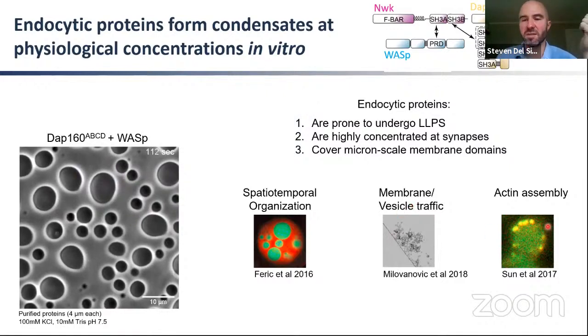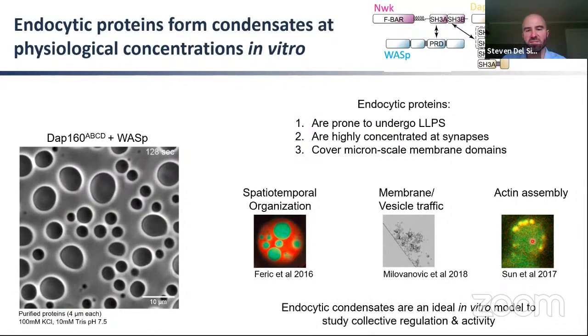And in particular, there's a number of studies now that have implicated this as a mechanism to control the extent and direction of actin assembly in a number of systems, including signaling clusters, but also during endocytosis. And so that's why we're really interested in this as a potential model system to study these.